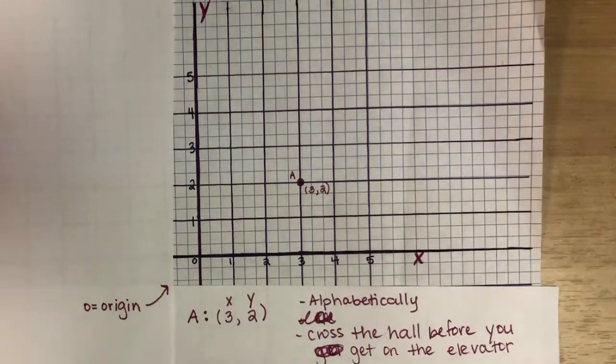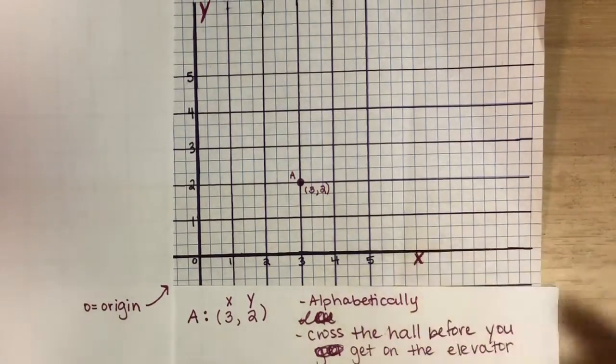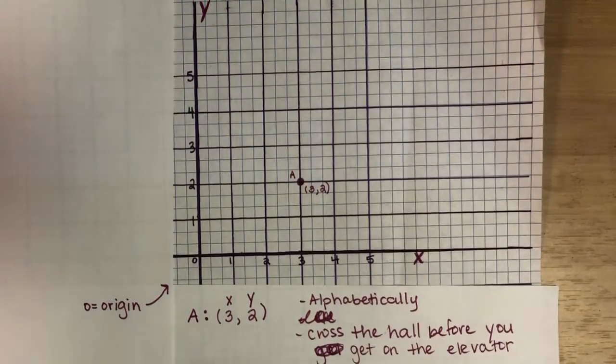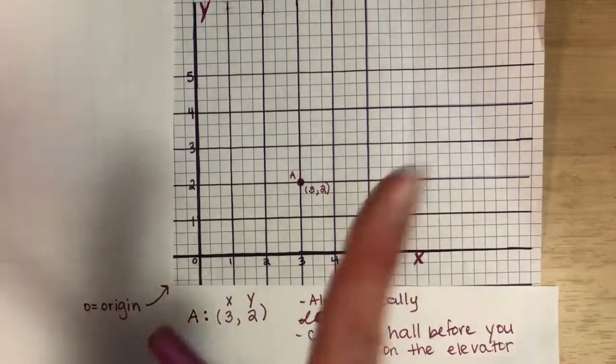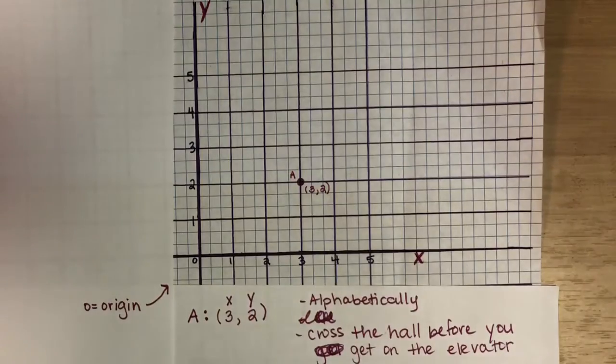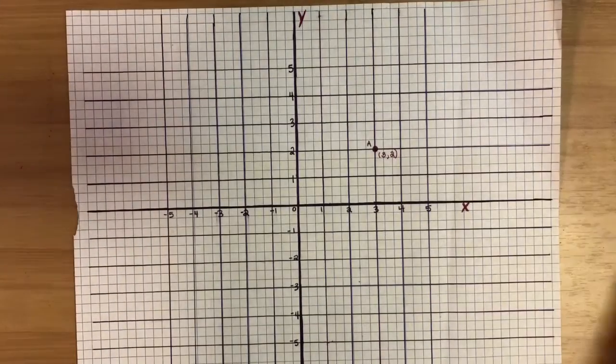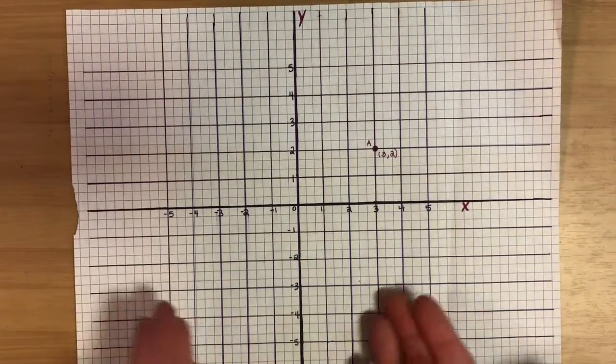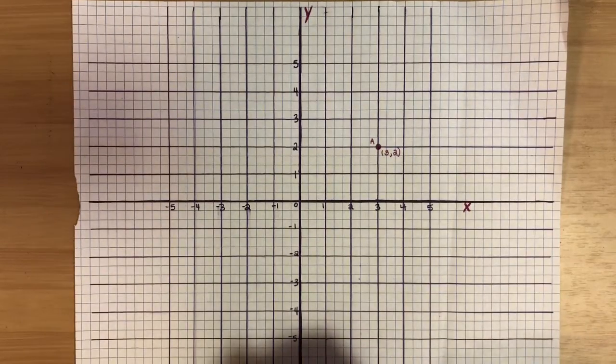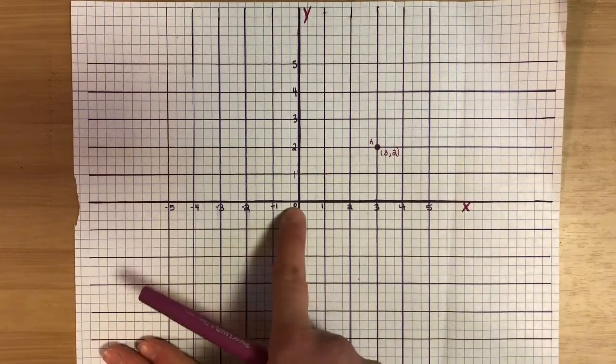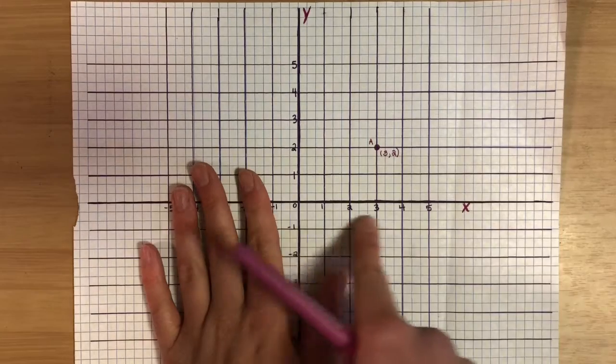Now what's interesting is on a number line, you can go forward and backwards on the numbers. So sometimes there's negative numbers on the number line. So really, what we're looking at here is only one part of the whole thing. So what we really have, this is the full coordinate plane. So you can see that I start at 0, and my numbers can go into infinity.